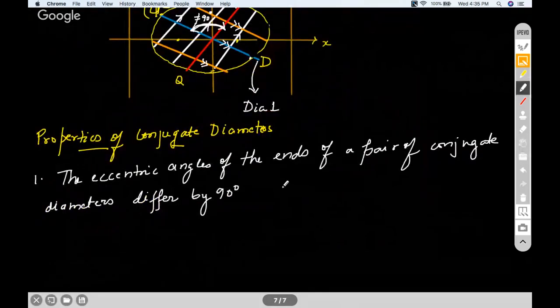these angles differ. You can write theta minus phi or phi minus theta. That depends upon what is the location of theta and phi with respect to each other. They differ by 90 degrees. Guys, it doesn't mean this angle is 90 degrees. Again, I'm repeating this because the eccentric angles are taken with respect to the auxiliary circle. Am I clear?